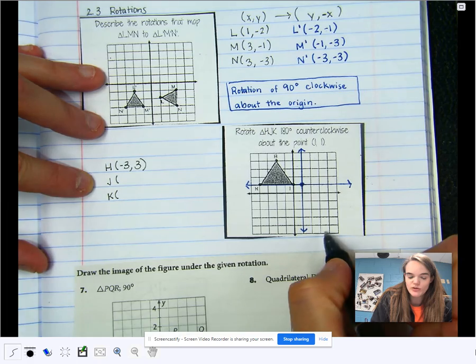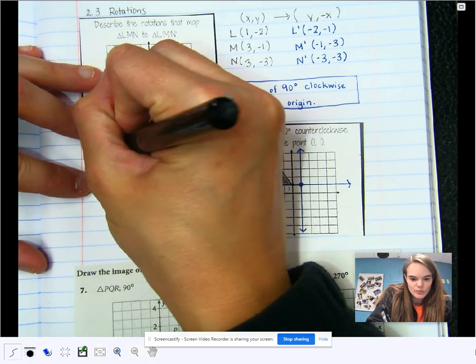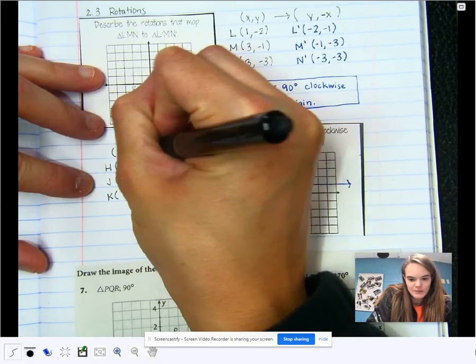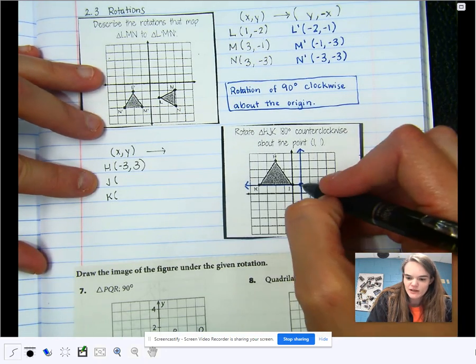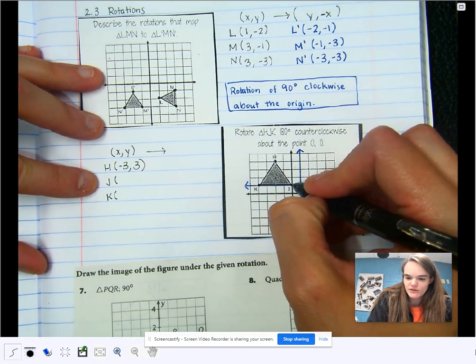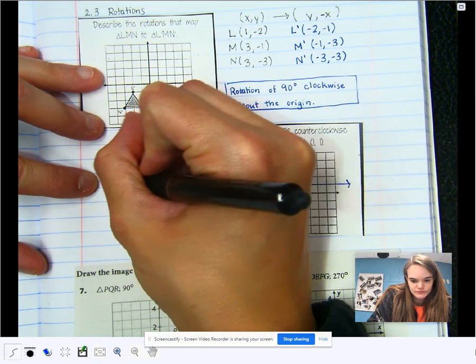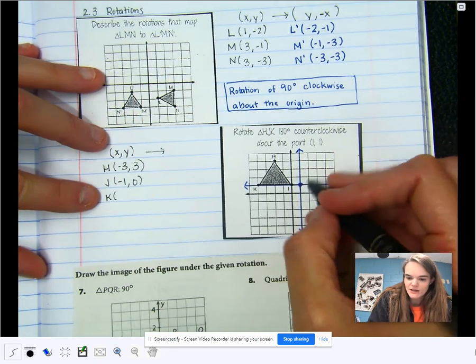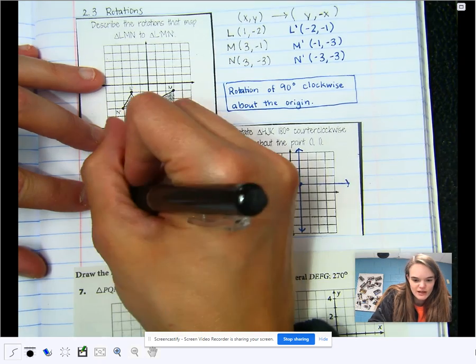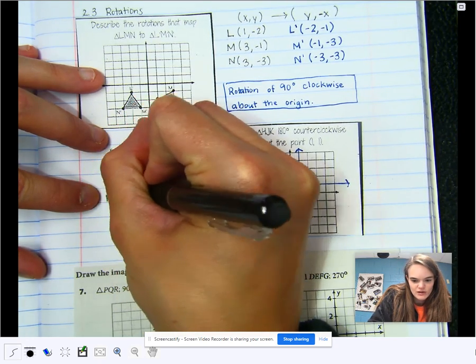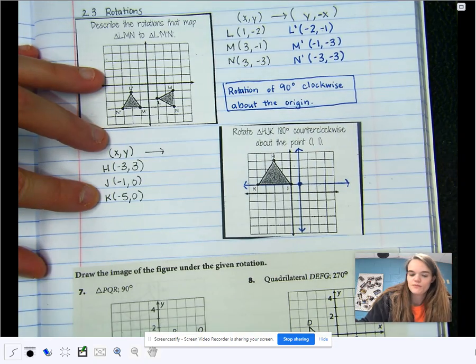I'm looking at the blue as the origin. And this is the pre-image, x, y, maps to, we'll see in a minute. Okay, J is at -1, 0. K is at -5, 0. Remember, 1, 1 is the origin there.